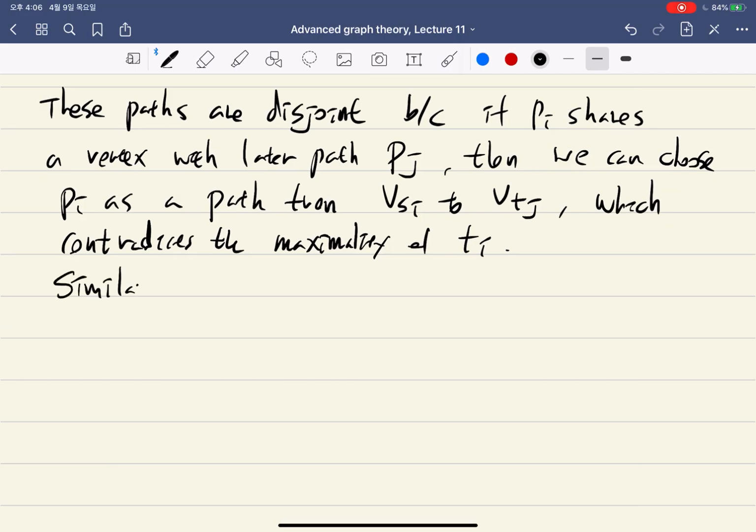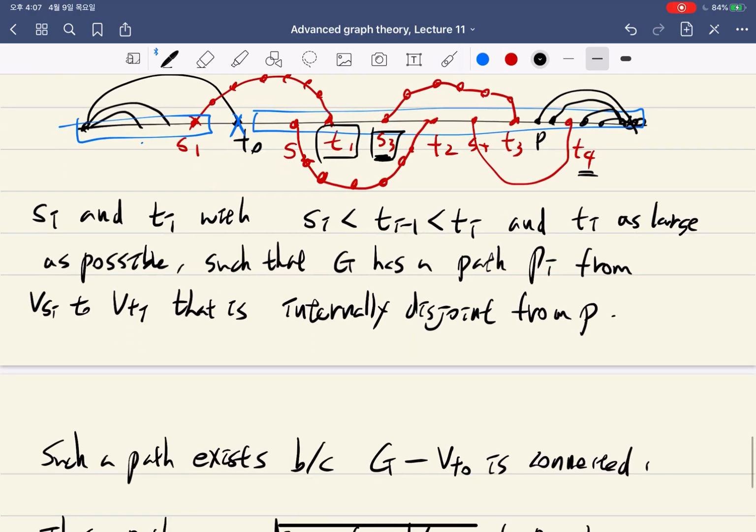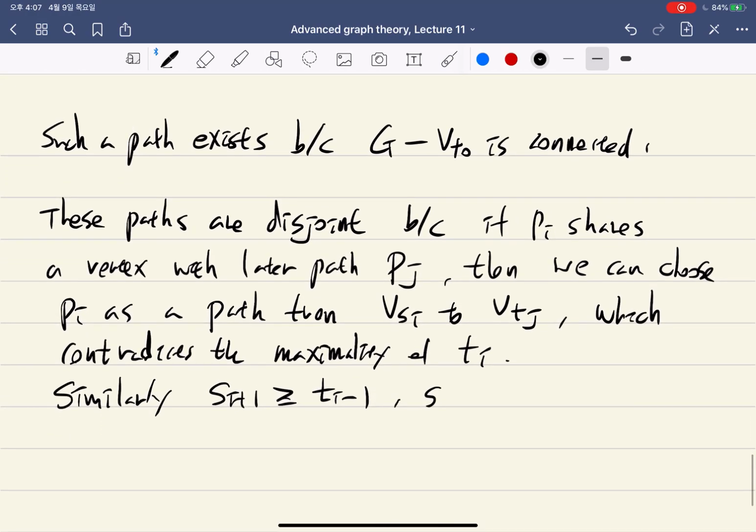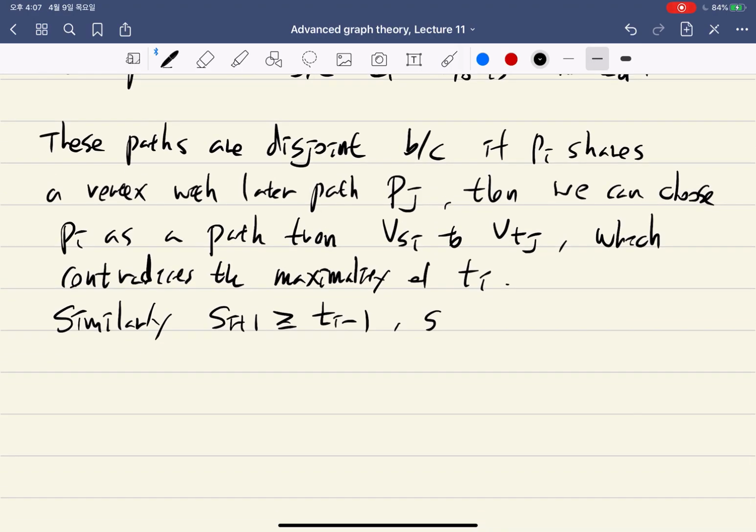Similarly, S(i+1) is bigger than or equal to T(i-1). What I mean is that this S3 is strictly on the right-hand side of T1. I mean, it could be the same, but it's not on the left.